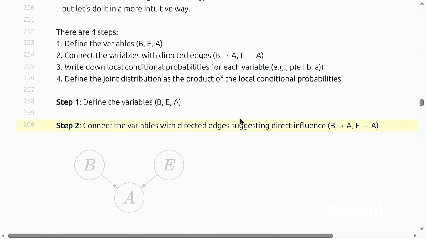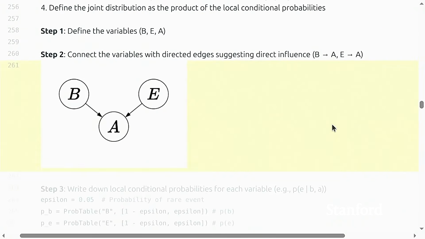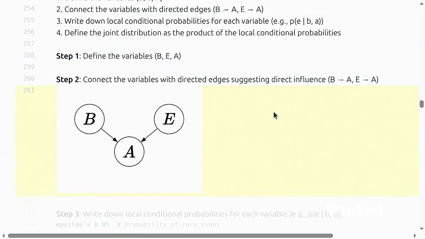And here I want to be a bit careful because the natural thing would be to say it causes, but causality is a pretty tricky topic. So technically, Bayesian networks do not automatically imply causality. But if you want, you can think about it as a cause if it helps your intuition. Just know that it's not completely formal.